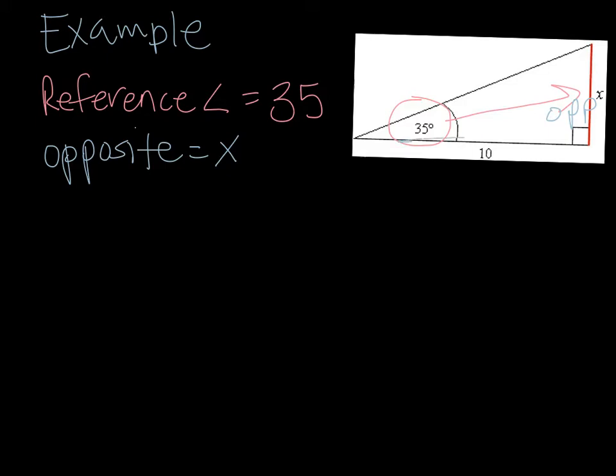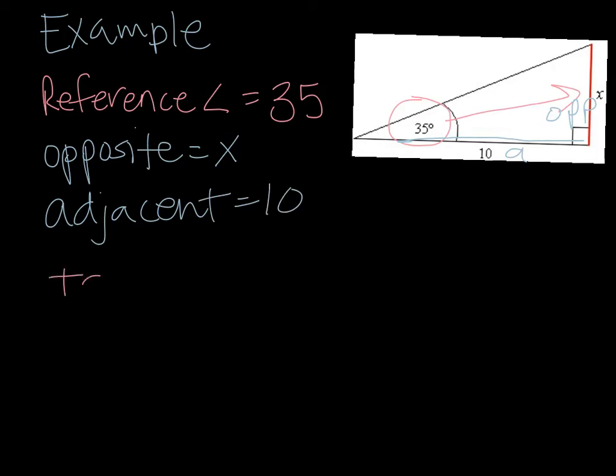And then we have our side that is adjacent, and that side is equal to 10. So if we plug this into our trig ratio, we have tangent 35, because once again, that's our angle that we're discussing, equals opposite over adjacent.